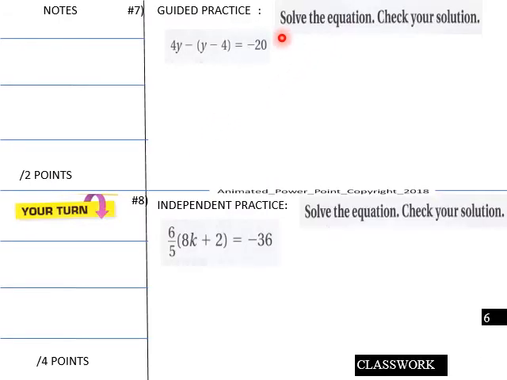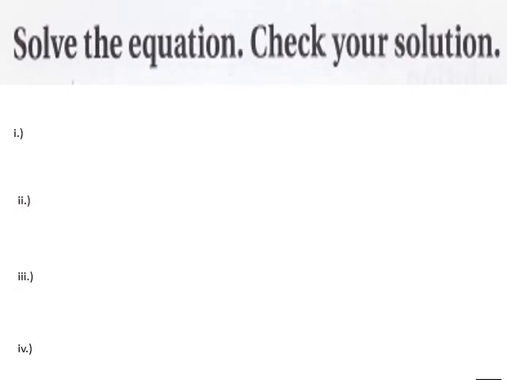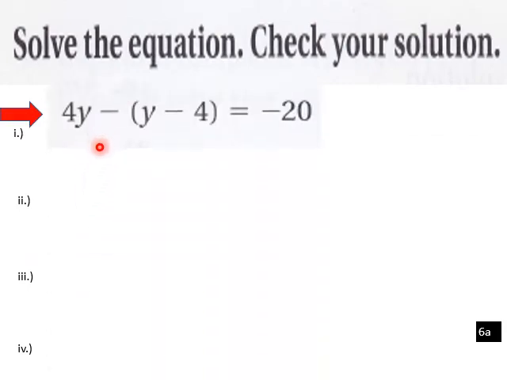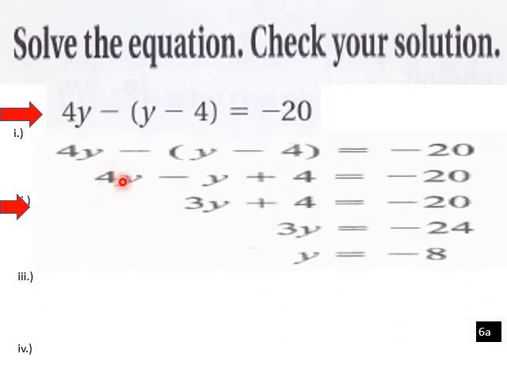So let's solve this one here, solve and check down here. And up here we have this one, 4y minus the quantity y minus 4 equals negative 20. To solve this one, what are we going to do? We need to multiply first through our parentheses by negative 1.